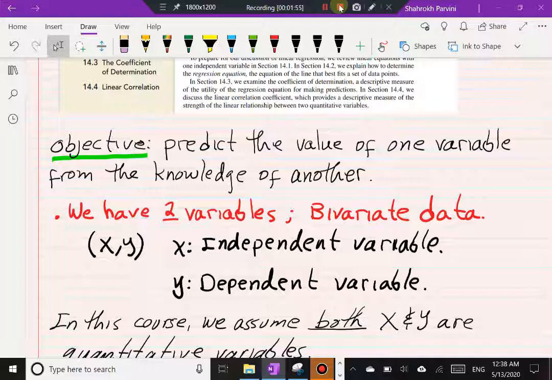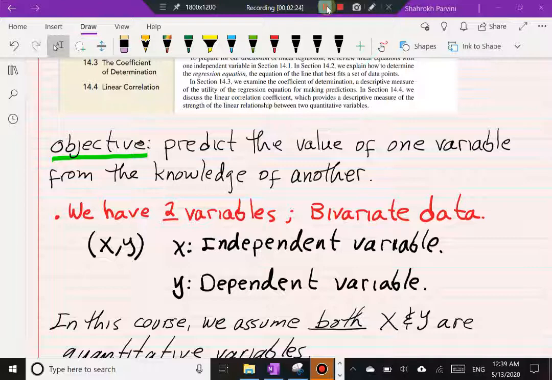This suggests that we have two random variables, and because we have two variables, we call these bivariate data. Here, we're going to reference these two variables as x and y, where x is the independent variable and y is our dependent variable.